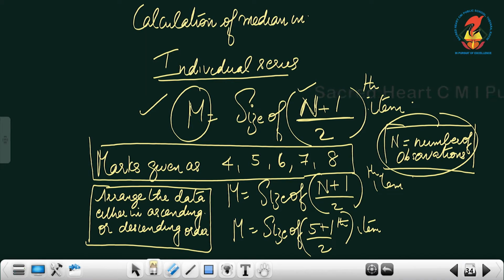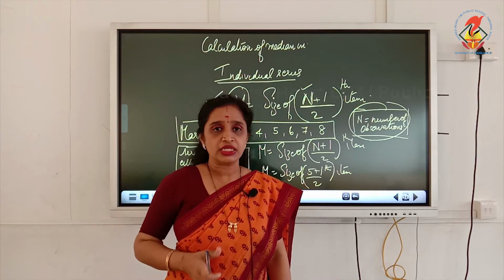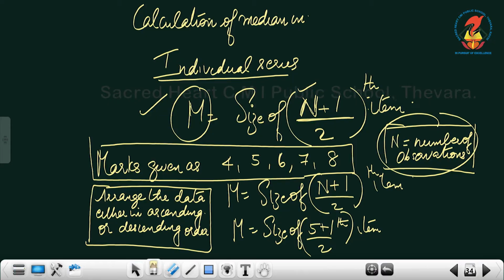The first step is to see whether your data is arranged in ascending or descending order. Here the data is already given in ascending order: 4, 5, 6, 7 and 8. So there is no confusion. That is why I have written: arrange the data either in ascending or descending order.